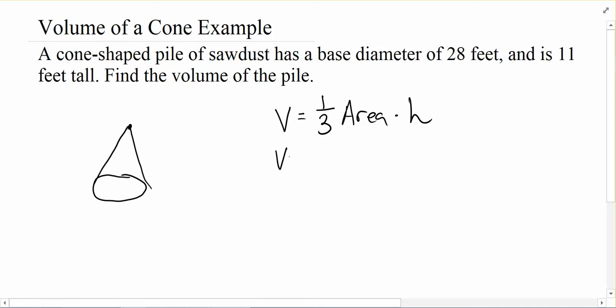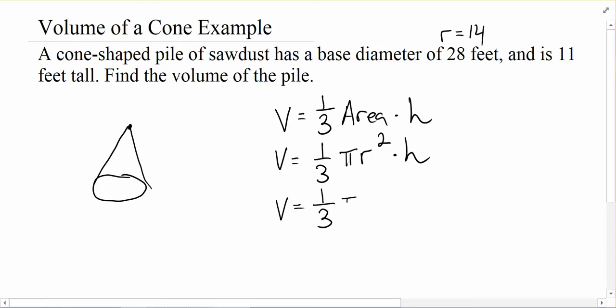So once we have that formula, the area of the base in this case was pi r squared because it's a circle. We know the diameter is 28, which means the radius is going to be 14. The radius is half that. So we have 1/3 times pi times 14 squared, and then our height is 11. And once we have that, we can toss this into the calculator.